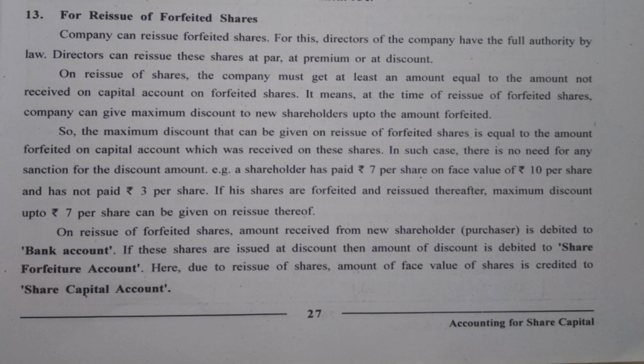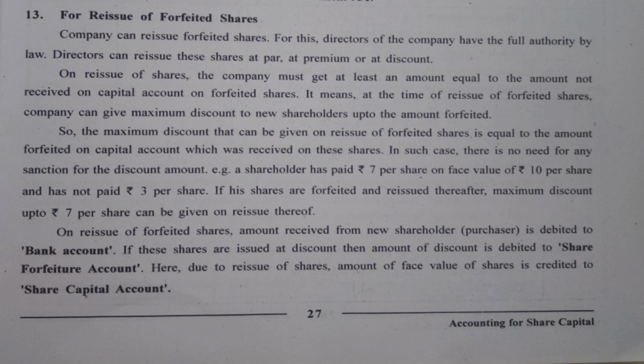On reissue of forfeited shares, the amount received from the new shareholder is debited to bank account. Say for example, I have forfeited shares of Payal and I have reissued those shares to Himali. So the shares of Payal are forfeited and those shares are reissued to Himali.